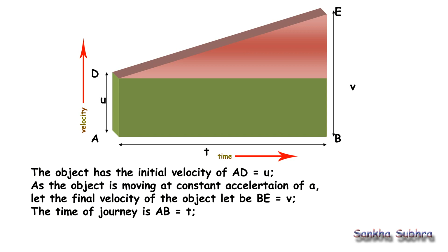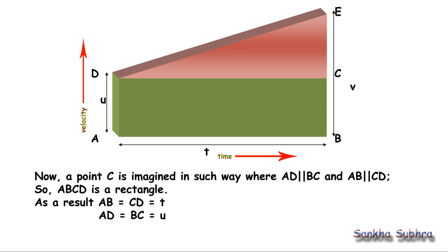The initial velocity, let AD equal u, and as it is moving at a constant acceleration, after t time the velocity will be, let DE equal v, and the time of journey is AB equal to t. So we are now thinking of a point C in such a way that DC is perpendicular over BE.